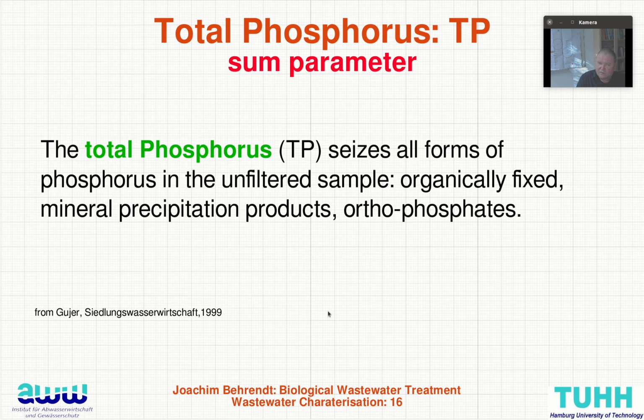Phosphorus we can measure in different types. The first important and interesting value is the total phosphorus: how much phosphate is there in the water? This sums up all forms of phosphate in the unfiltered sample: organically fixed, mineral precipitation products and orthophosphate.